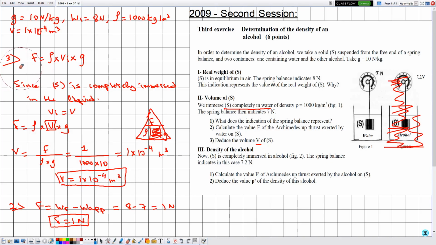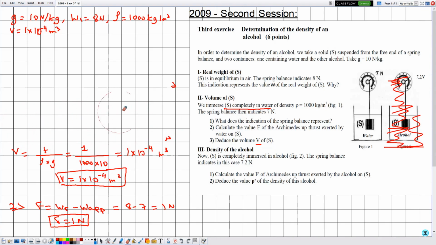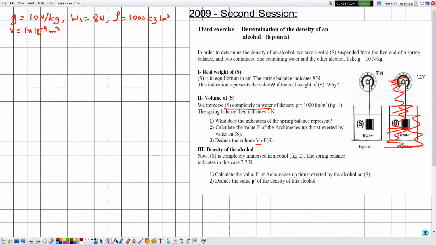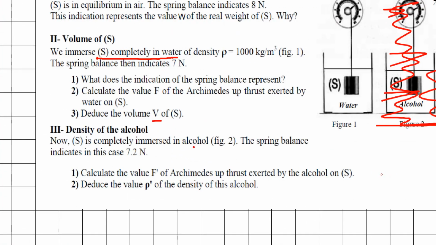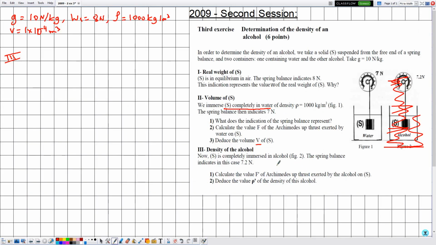Let me make some space for the third part of this exercise. Now part 3. Now S is completely immersed in alcohol, figure 2. They mentioned figure 2, so now we can use it.